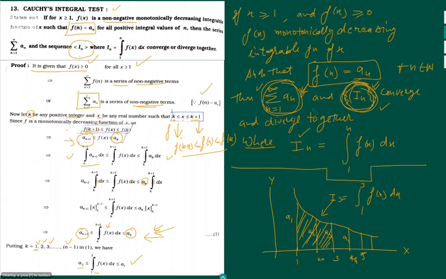The converse part is also easy to see. I would expect you to do it yourself, that if this series is convergent, then this sequence would also be convergent, and if this series is divergent, then this sequence would also be divergent. Just from within the proof, you can prove that also. The converse part you can do yourself.